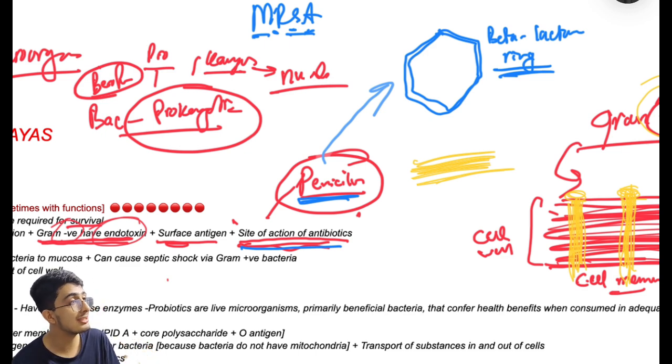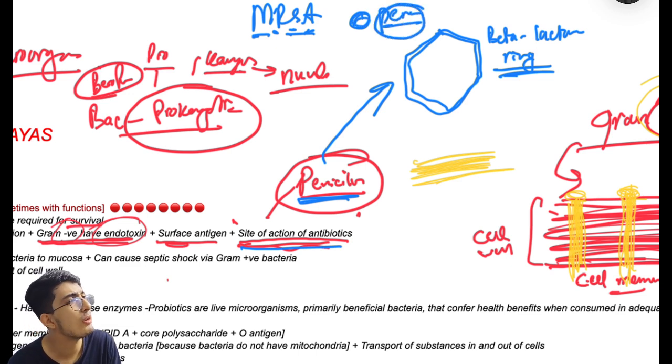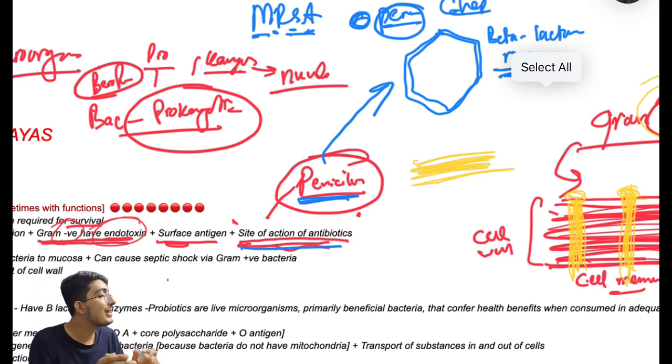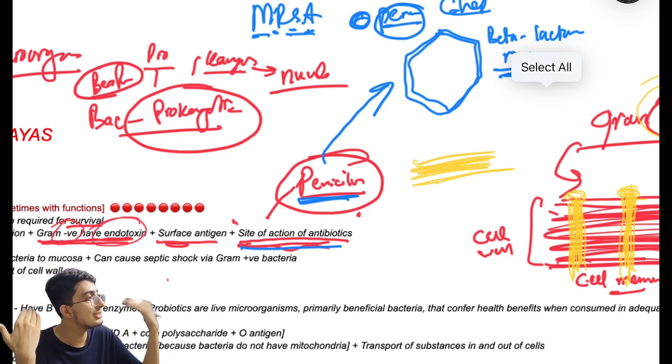Another thing is, penicillin is a very common antibiotic, and it's very cheap as well, right? But if a bacteria is resistant to penicillin, then you have to go to another antibiotic, for example gentamicin or something like that, that might not be as cheap as penicillin. So the patient has to bear the cost of this antibiotic.